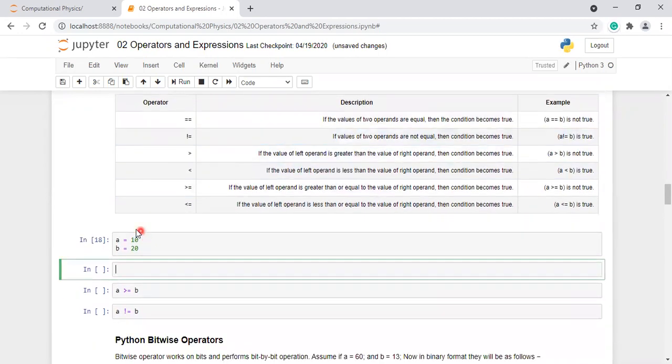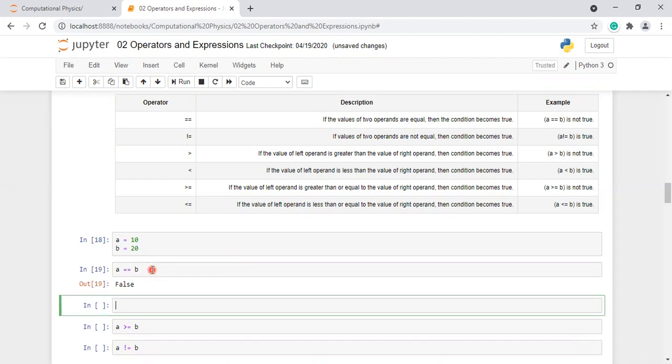Look here, we have assigned 10 to A and 20 to B. So let us try this first example, A equal to equal to B. Let me run this cell by typing Alt and Enter. Is A equal to B? Is the value stored in A equal to the value stored in B? The answer is false.